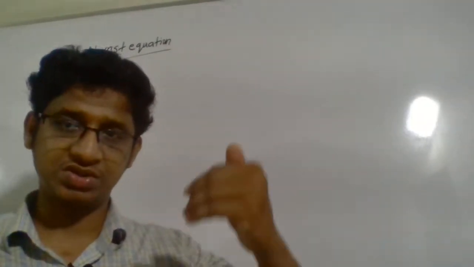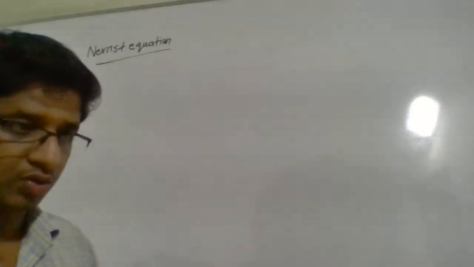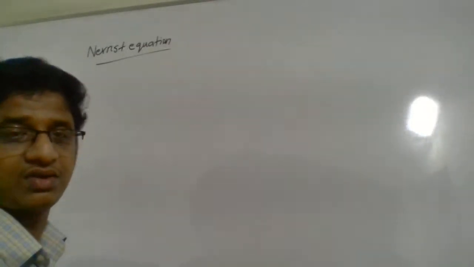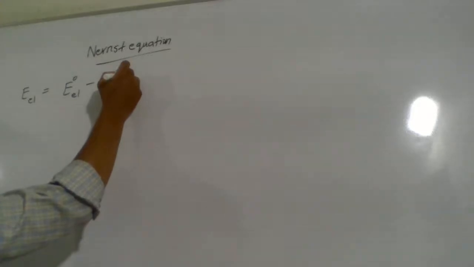So let us go straight into the equation and how to find the electrode potential if the concentration of the electrolyte is different. We have an equation: E electrode is equal to E0 electrode minus RT by NF ln.